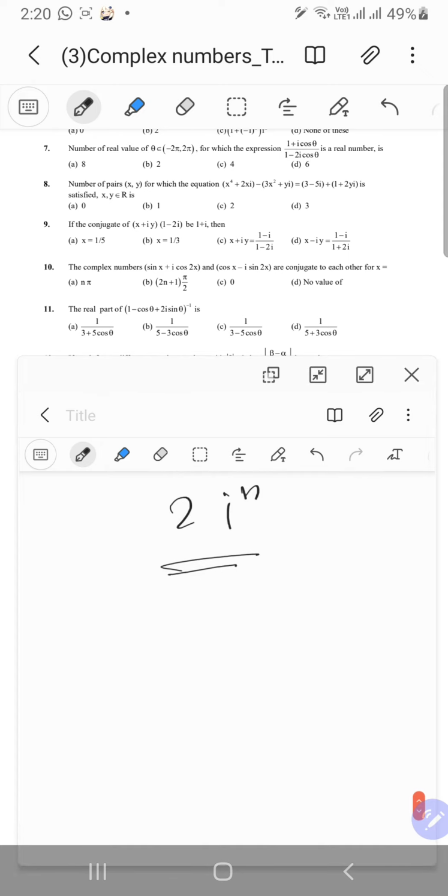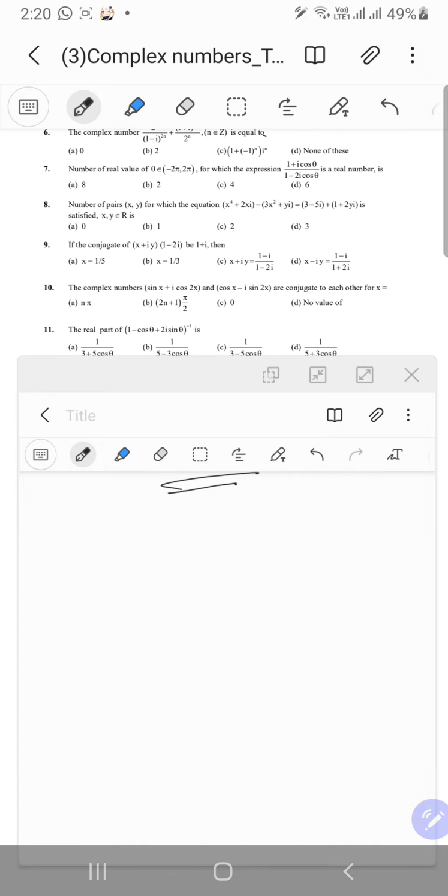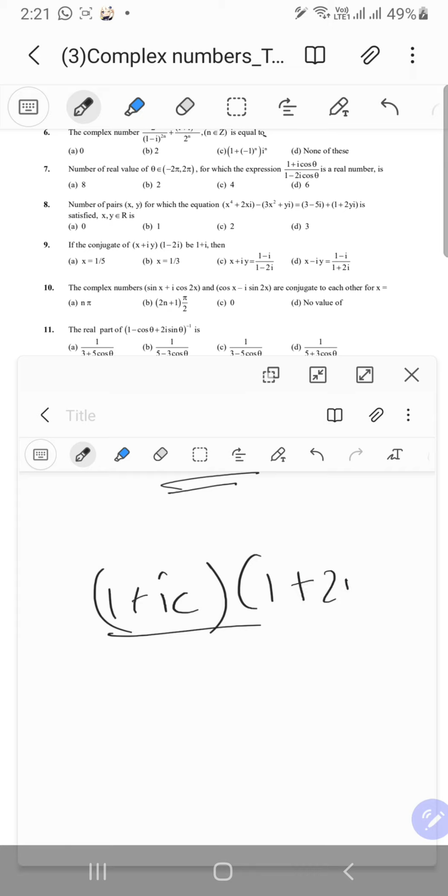Number of real values of theta for which the expression is a real number. Okay, this expression is a real number. Fine. So multiply by the conjugate. 1 plus iota cosine theta upon. So the conjugate will be 1 plus 2i cosine theta.